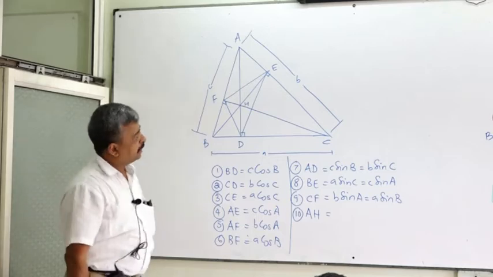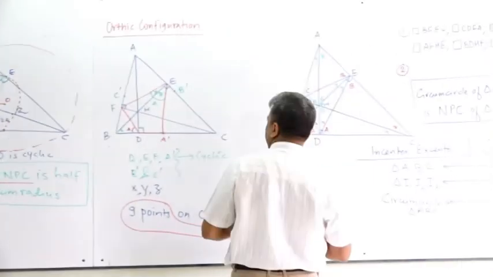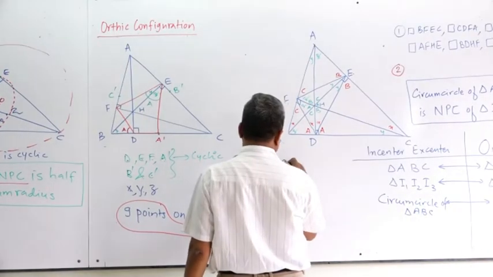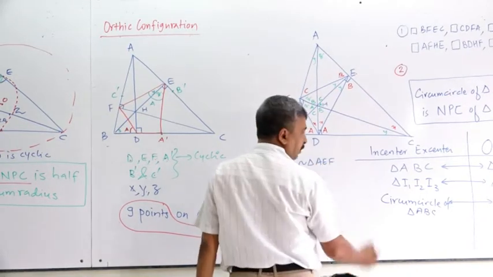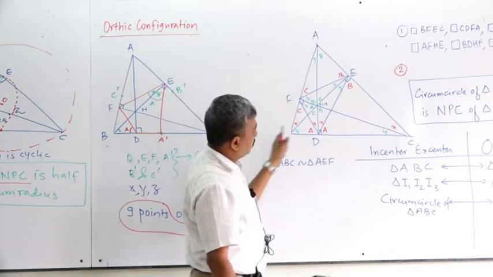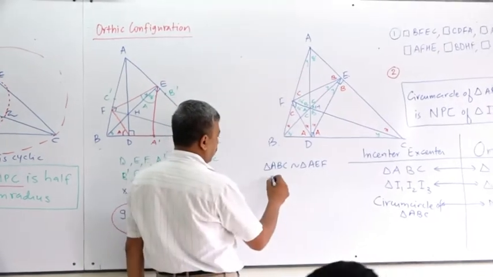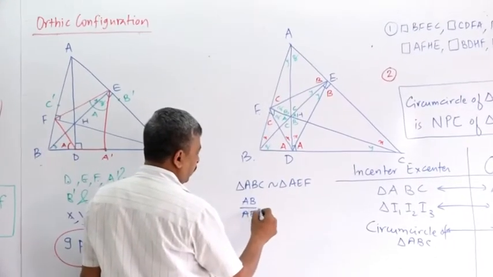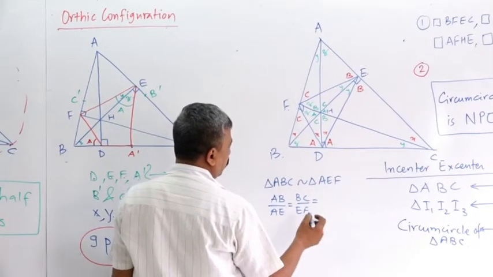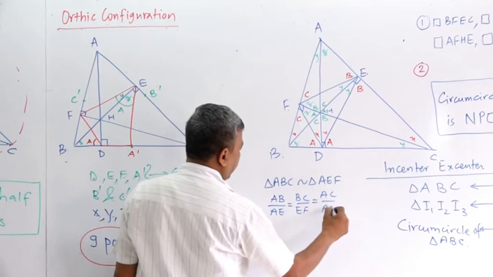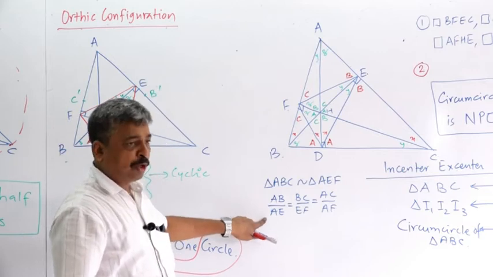Now we said that triangle ABC is similar to triangle AEF some time earlier. Is that right? ABC is similar to AEF, and therefore AB upon AE is equal to BC upon EF is equal to AC upon AF. What is the ratio of similarity?